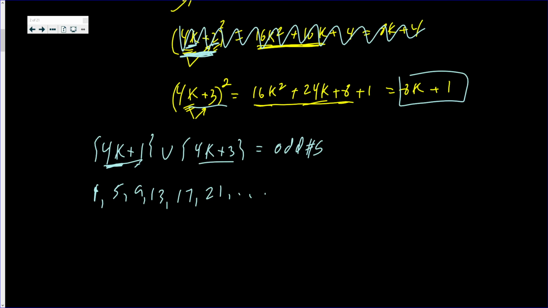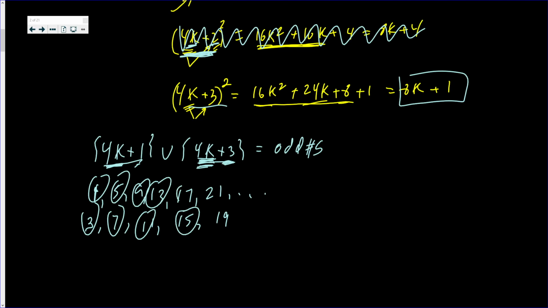And then 3 more than multiples of 4: 4 times 0 plus 3. 4 times 2 is 8, plus 3 more is 11. 4 times 3 is 12, plus 3 more is 15. And then 19. Look, you have 1, 3, 5, 7, 9, 11, 13, 15, 17, 19, 21.